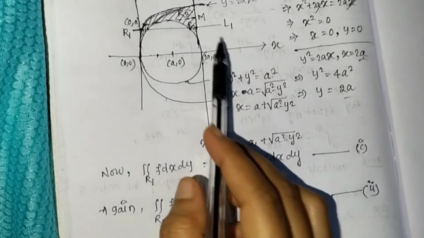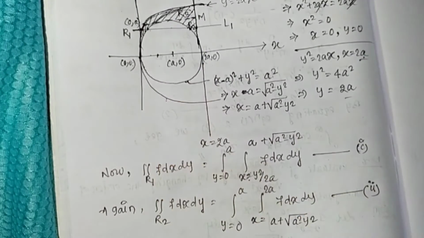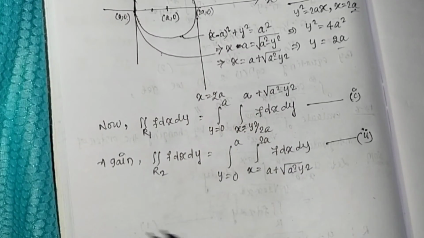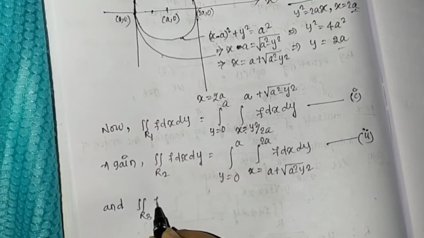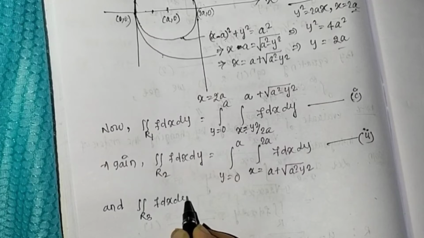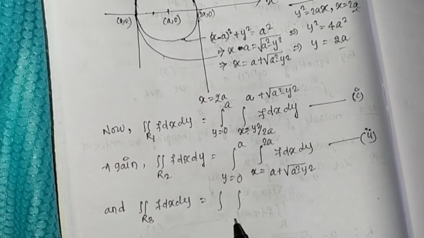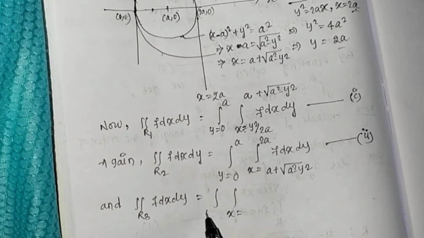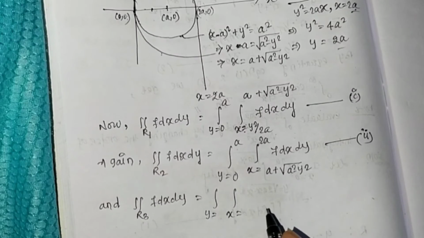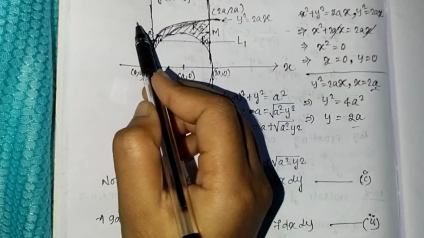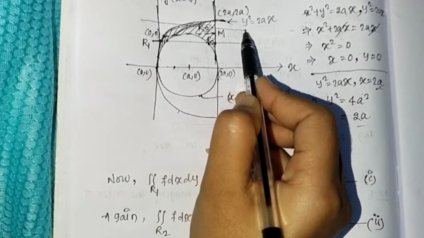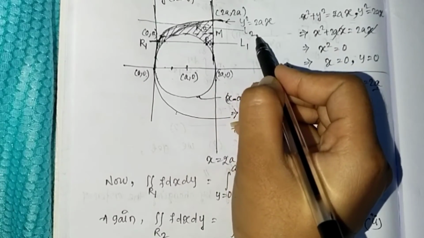Last we find the limit of R3, double integration over R3 of f dx dy. First we write the x limit, then we write the y limit. To write the x limit, we draw a line parallel to the x axis, that is our L2.